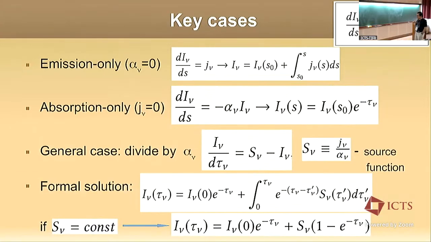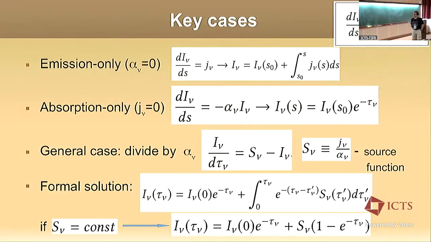So how can you solve the radiative transfer equation? It's actually complicated, but you can write some simple formal solutions. Just to remind you, I put the radiative transfer equation here that we are trying to solve. Some simple cases: if you just have emission, the second term is out, there is no absorption. You just emit radiation. As the light passes through, you get more and more.